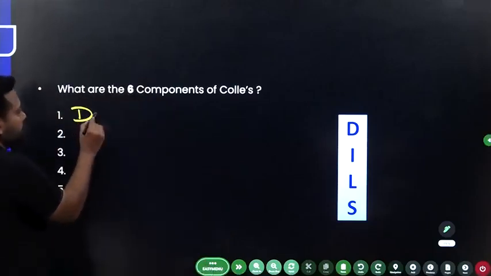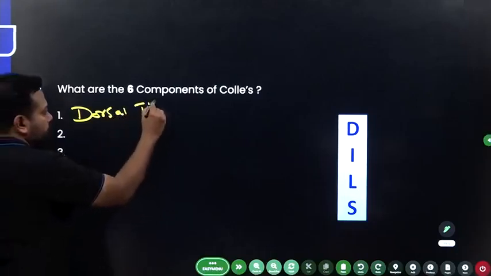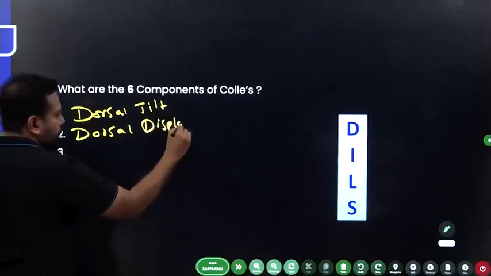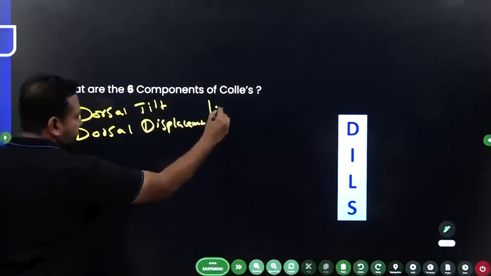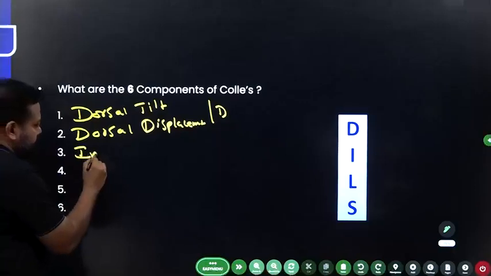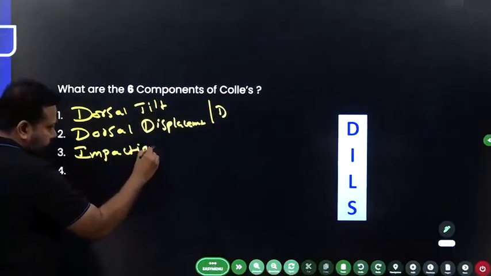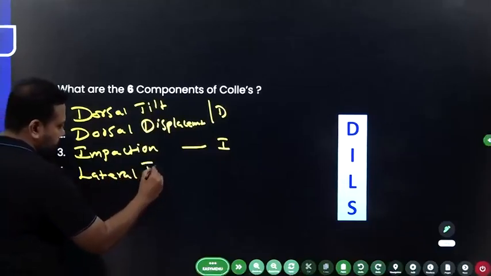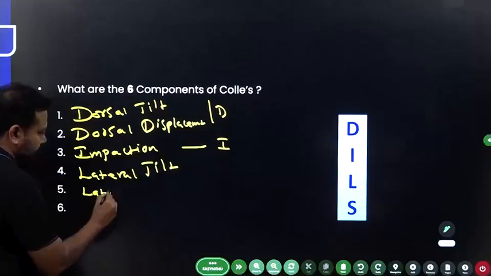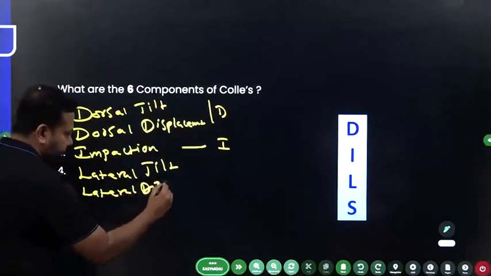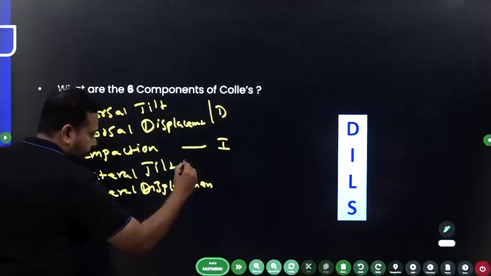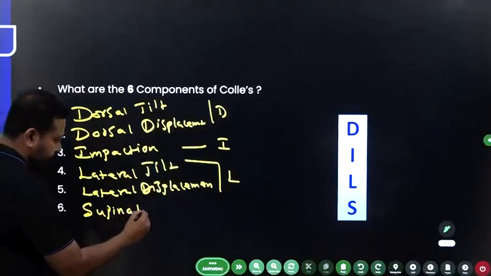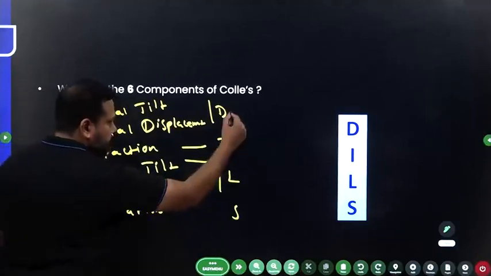Dorsal tilt, dorsal displacement, this stands for D. Then comes impaction, this stands for I. Then comes lateral tilt, lateral displacement, this stands for L. Then supination, this stands for S. DILS.